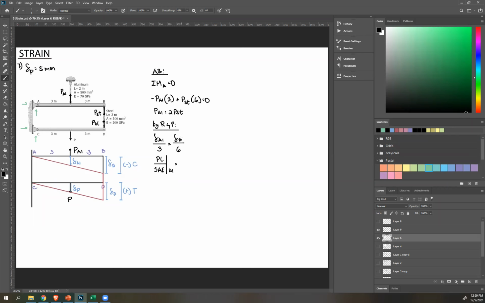That's just the displacement of point B. Once again, this delta B is the displacement of point B. That's not the deformation of steel. So that means there's no PL over AE here. We just copy that, delta B over 6. Okay? And then let's simplify, so you can see you can cancel out this.